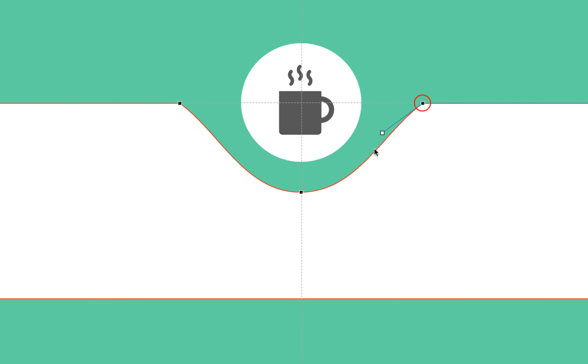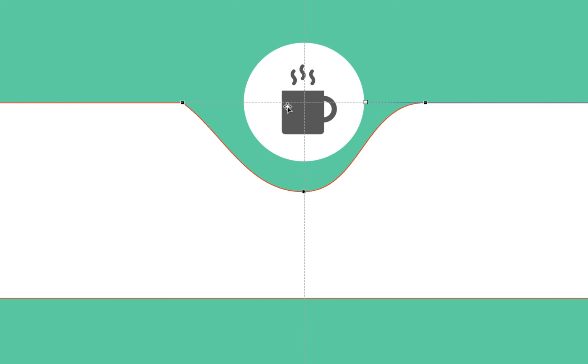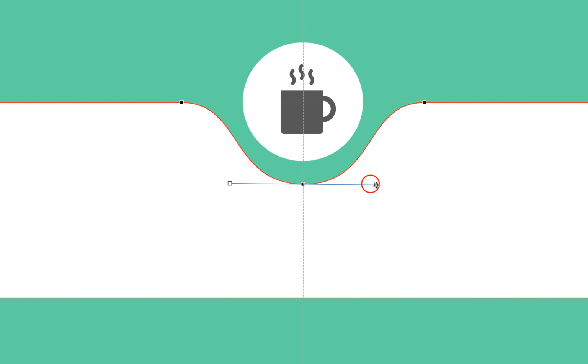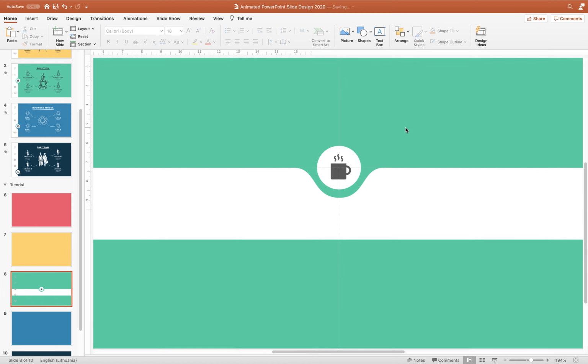And for these points as well, we can drag this handle just like that. For this one as well, let's make it something like this. We can bring up this point and we can drag these handles outwards slightly. And I think it looks pretty good.